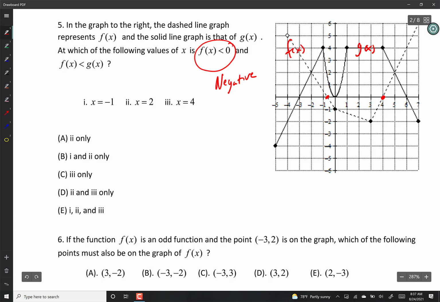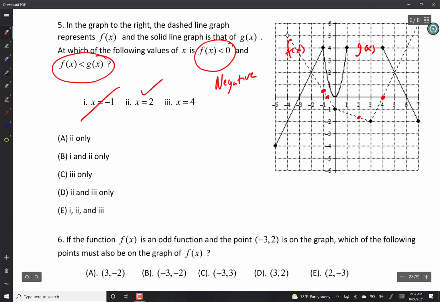Well, I guess they give me Roman numerals here. So let's just look at that. At x equals negative 1, f of x is positive, so that one's out. Do you guys see what I did there, guys? And then at x equals 2, f of x is below the x-axis and g of x is above. And g of x is bigger than f of x. That's what this means. So that one works.